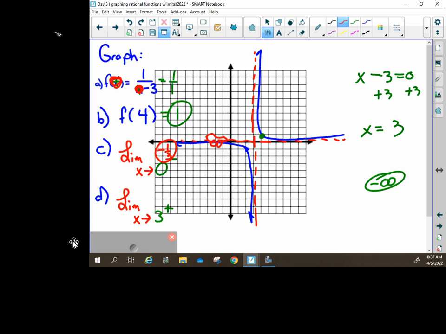I am sorry about that. That height right there is negative 1/3. But I caught myself, because as I approach 3 from this side, this is the one that goes to infinity, because the asymptote moved. So this has to go to positive infinity right there.